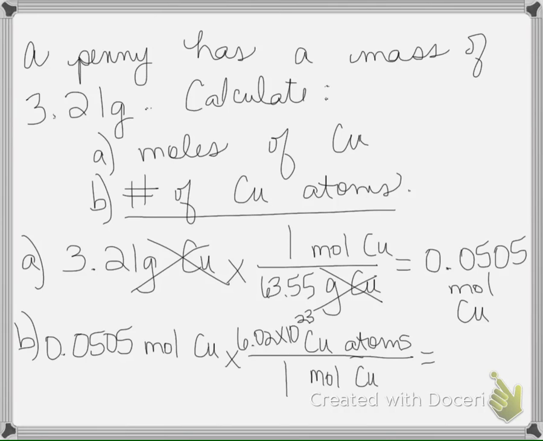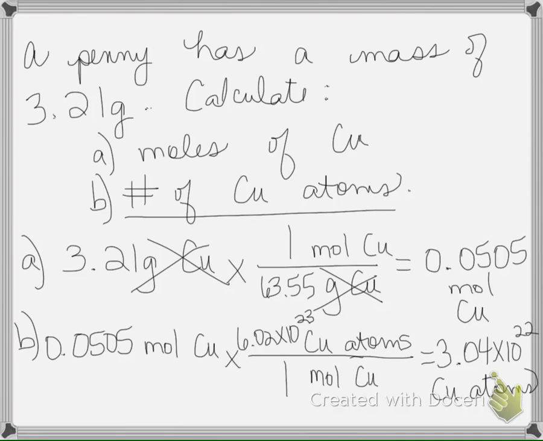A big number is what I'm looking for. 0.0505 times 6.02 times 10 to the 23rd. I got 3.04 times 10 to the 22 copper atoms. Is that what y'all got? That's a big number. We would expect there to be a lot of atoms in a penny.